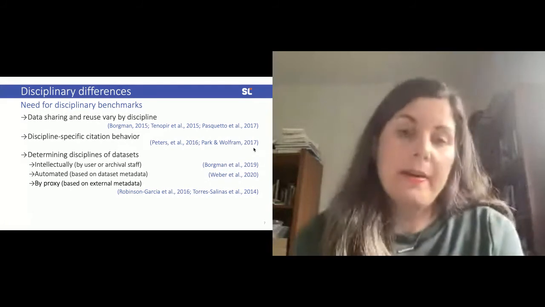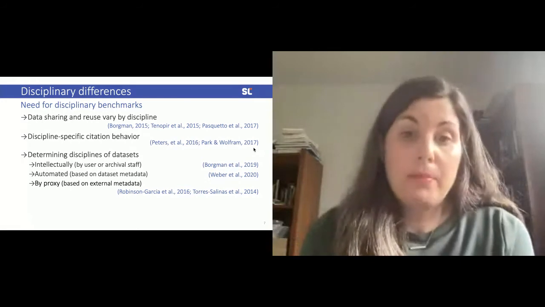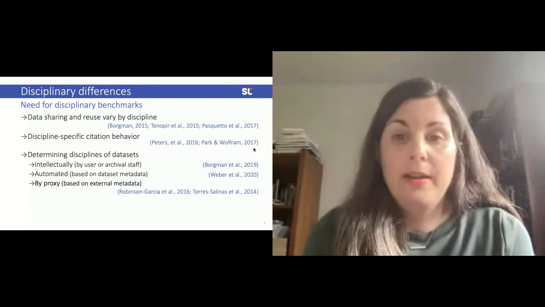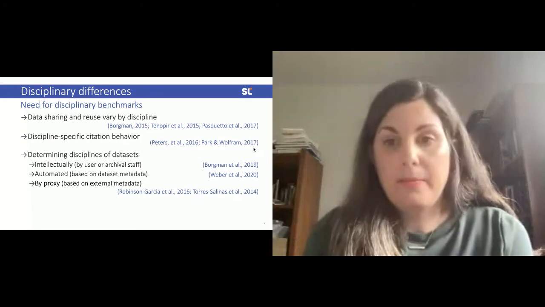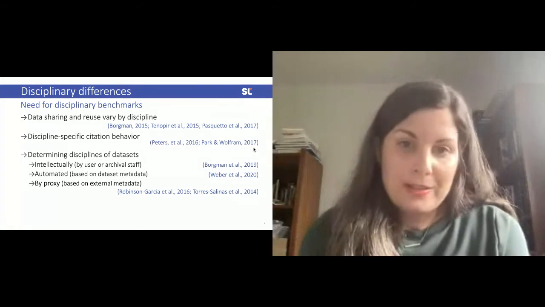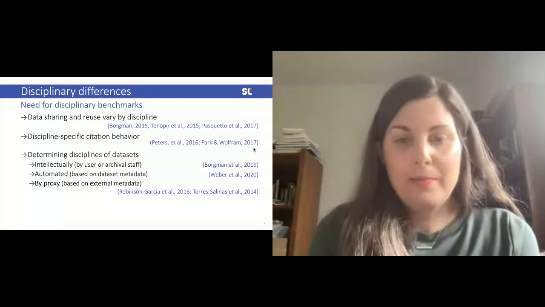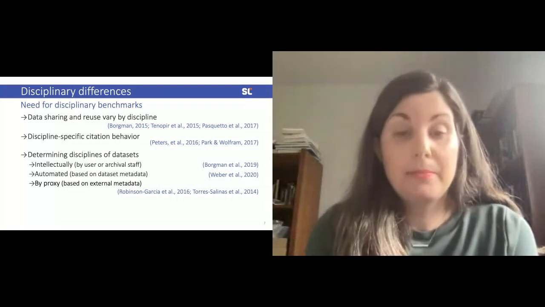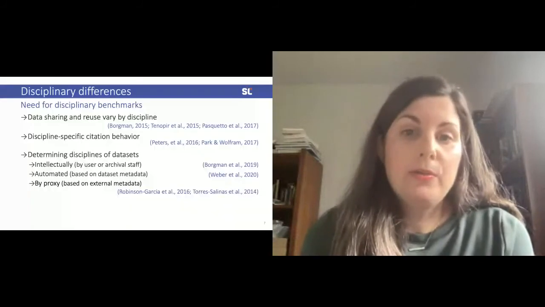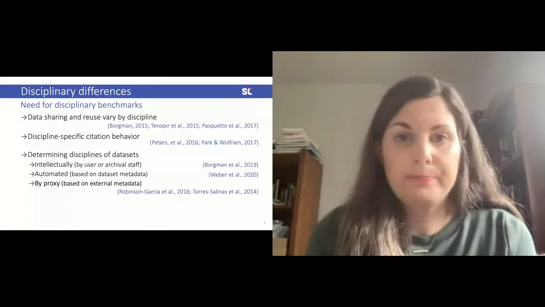But that's a more indirect way to do it, and it's also much more complex, but we are looking into these, and there have been a couple of studies that have looked into this. So there are different ways to try to infer discipline, but in general it's quite tricky, and the best approach is intellectually by the user, the problem there is that a lot of repositories don't have this information. Next slide, please.